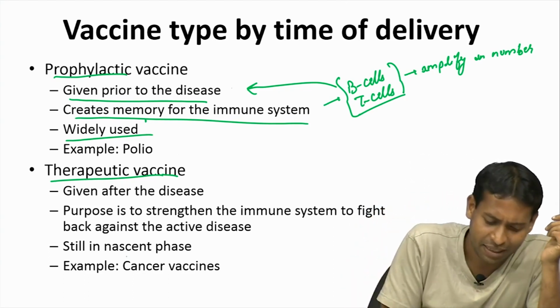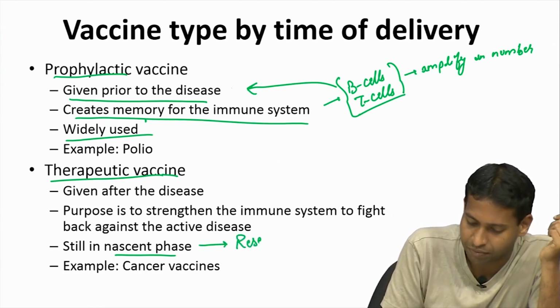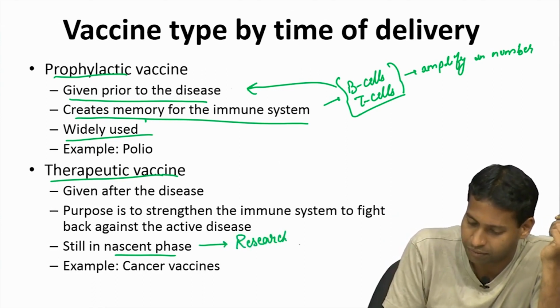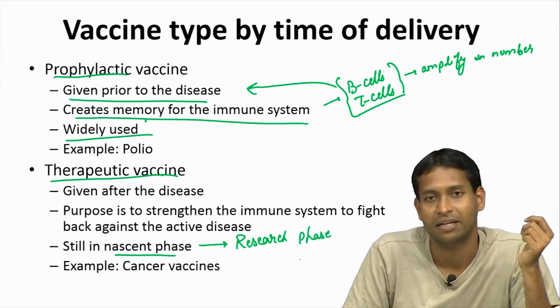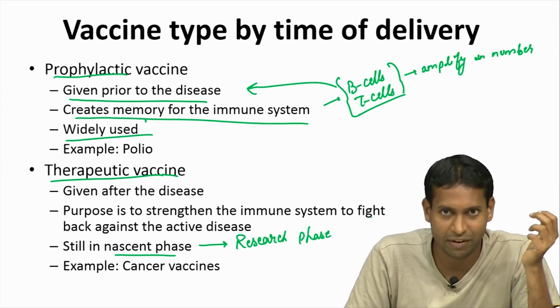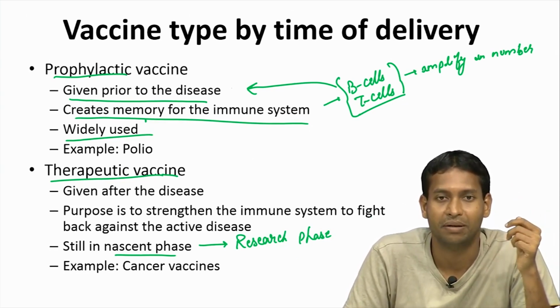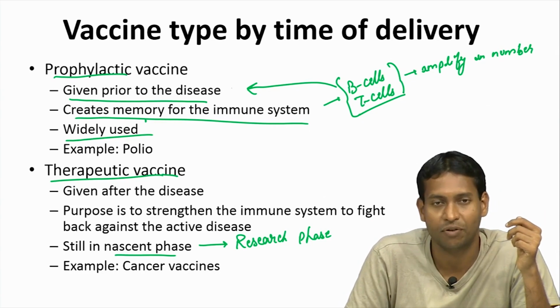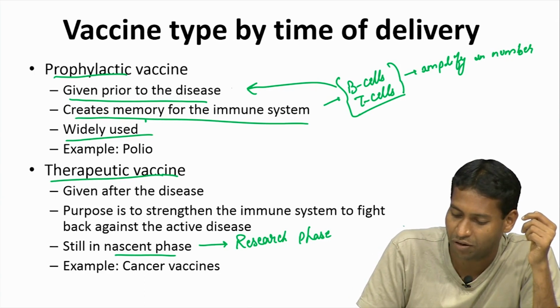This is still fairly in the nascent phase, quite a lot in the research phase, but not a whole lot in the clinic. It is still relatively new, and it has shown some success, but more and more needs to be done before it goes to the clinic. Some of it has come in, so you might have heard of immunotherapy.